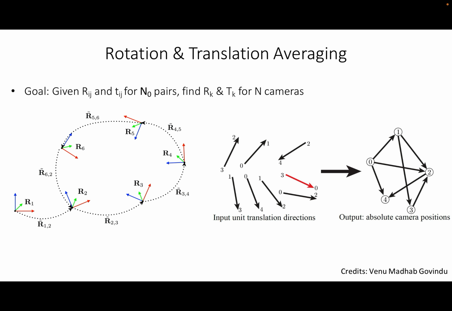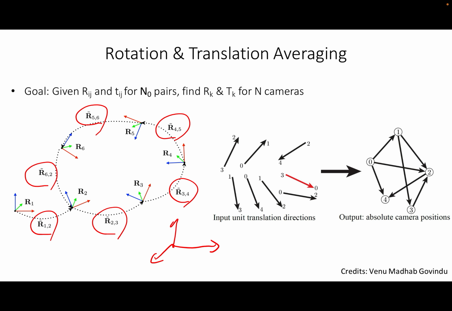These are what we get from epipolar geometry: the relative rotation and translation between frames, between images. But what we want is a global rotation and translation, assuming there is a world coordinate system. This is the world coordinate system. We'd like to get camera rotation and translation in the world coordinate system, not relative stuff between frames.